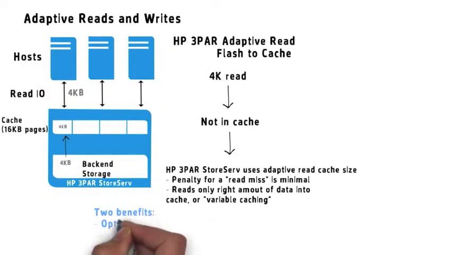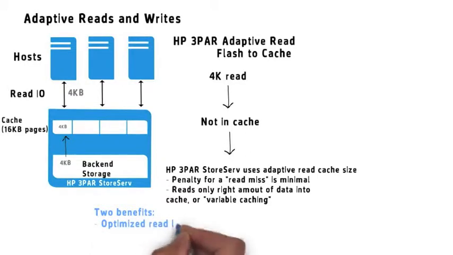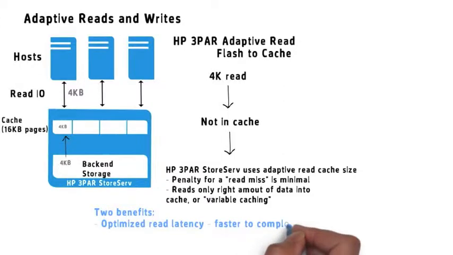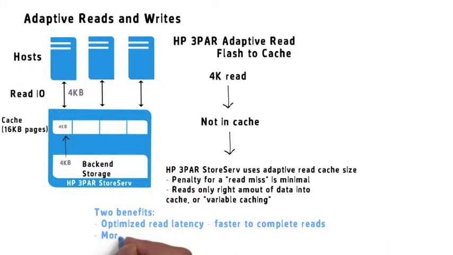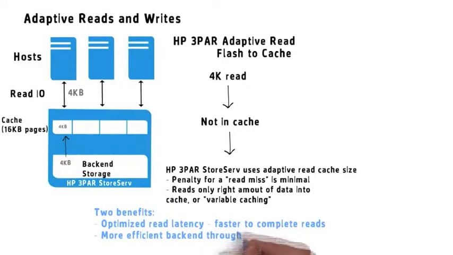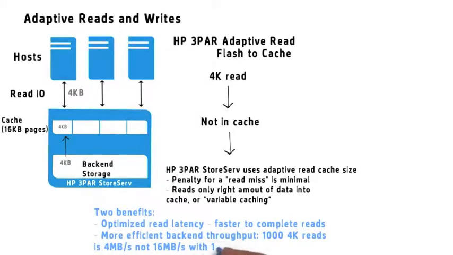In an I/O-intensive workload, for 4K I/O, only a 4K block is read into cache, not 16K. This reduces the amount of time required to complete a read operation. There's also more efficient back-end throughput. A smaller cache page read optimizes back-end throughput, enabling higher IOPS. For example, 1,000 4K reads to flash results in 4 megabytes per second of back-end throughput, not 16 megabytes per second if we were to read full 16 kilobyte pages.